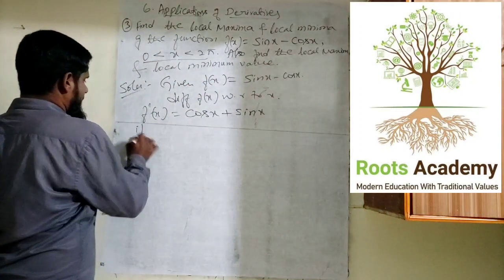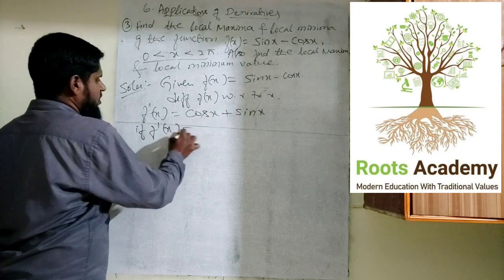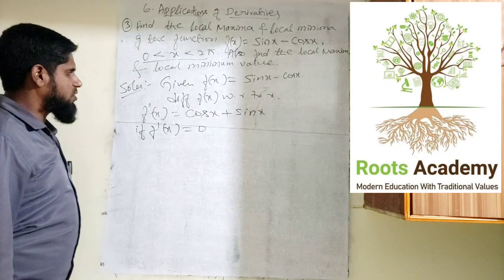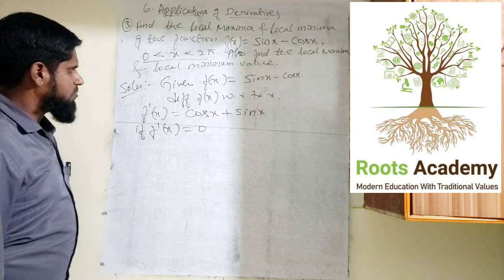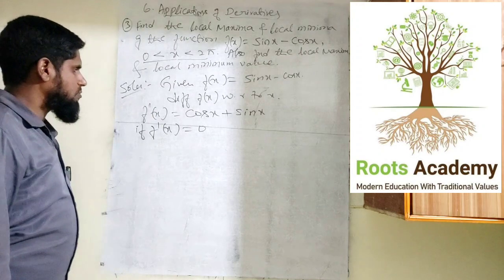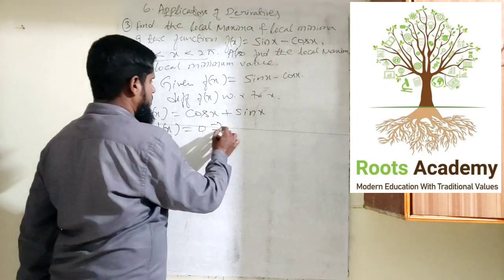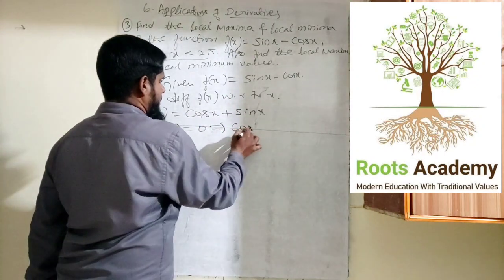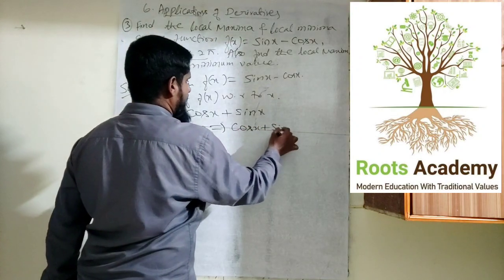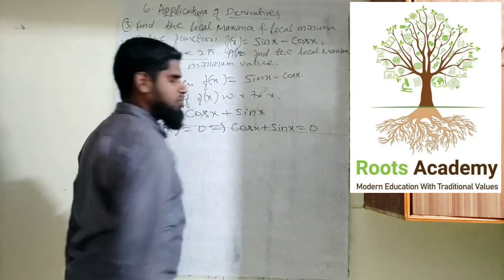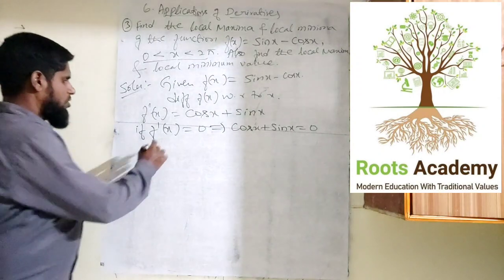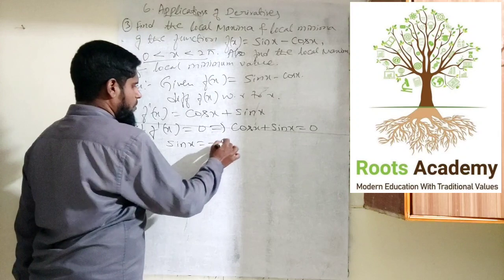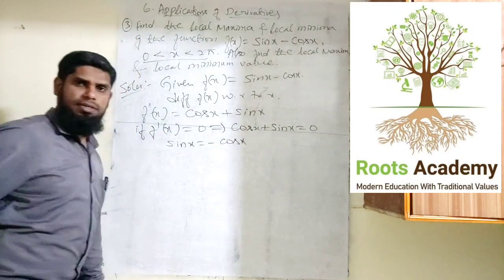So if f dash x is equal to 0, which implies cos x plus sin x is equal to 0. So sin x is equal to minus cos x.